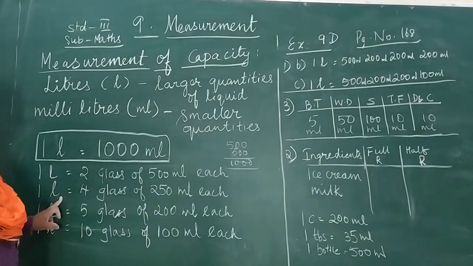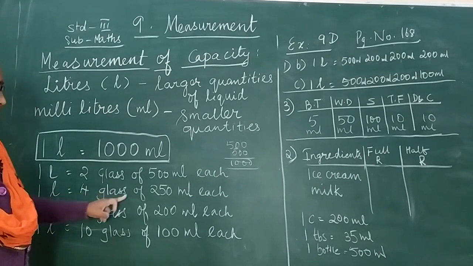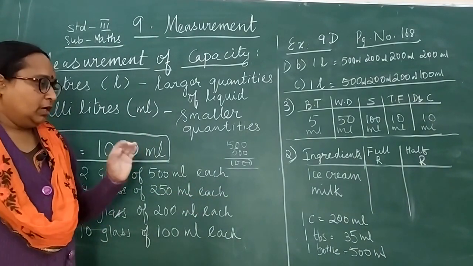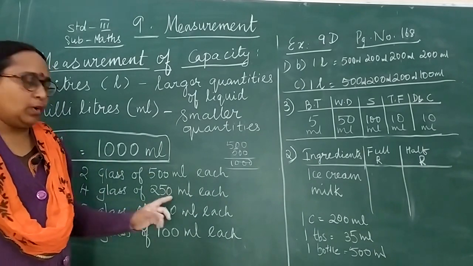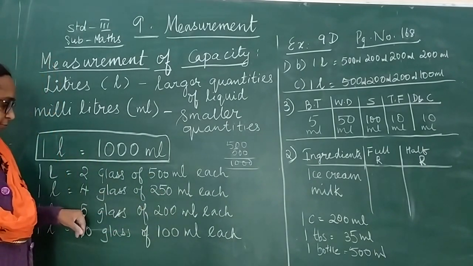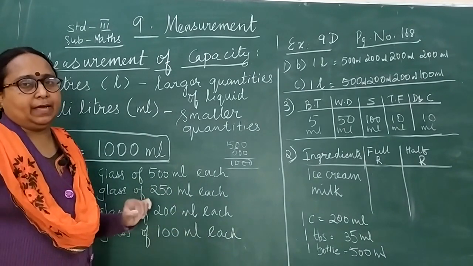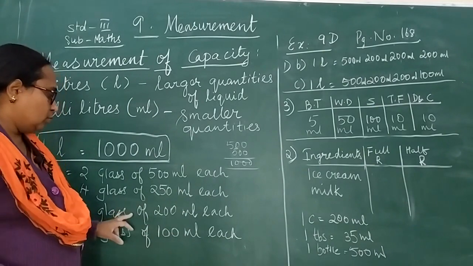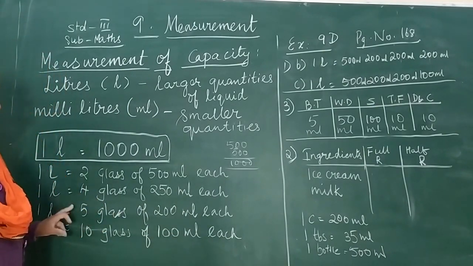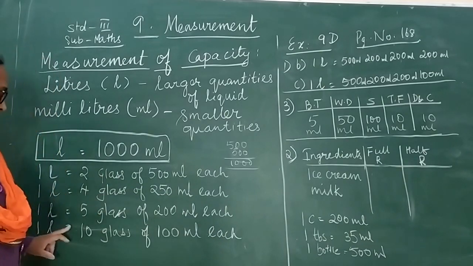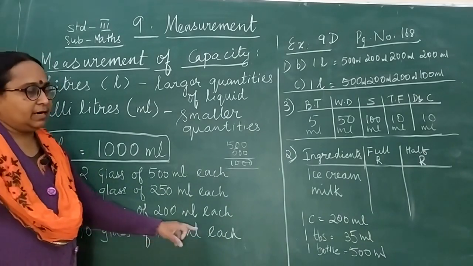Then if you take 1 liter, you can fill 4 glasses of 250 ml each. 1 liter can fill 5 glasses of 200 ml each. When you add 200 five times, you will get 1000. 1 liter can fill 10 glasses of 100 ml each.